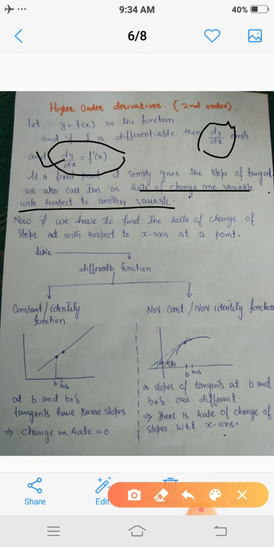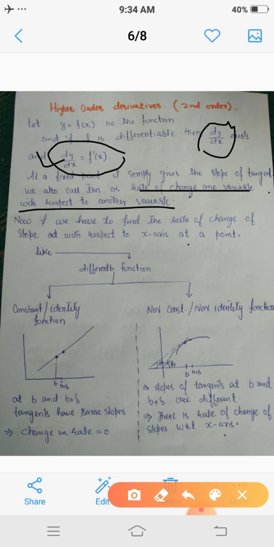Now if we have to find the rate of change of this slope, because dy by dx at a point is the slope with respect to the x-axis at a point, this means that we have to find the rate of change of this slope with respect to the point on the x-axis. What is its geometrical interpretation?